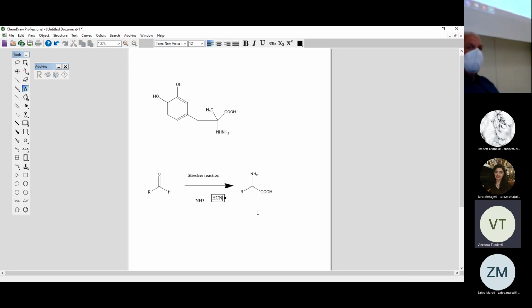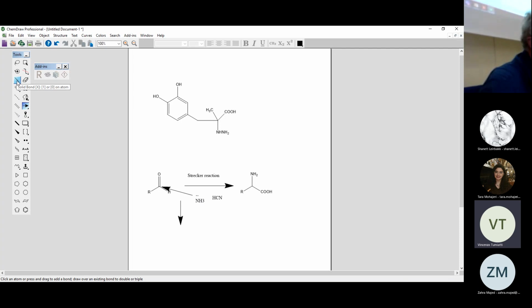Which is the reaction? At the beginning, the first step, if you remember, the ammonia has the lone pair here, and so the lone pair is able to attack the aldehyde group in order to give the Schiff base. So an arrow here, and then we have this type of compound.